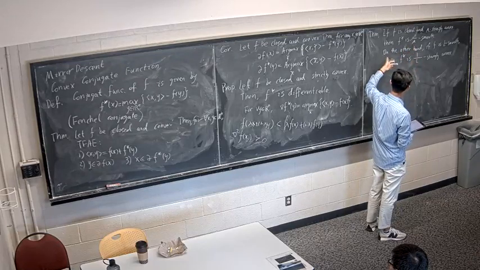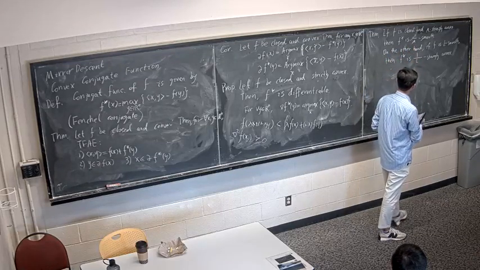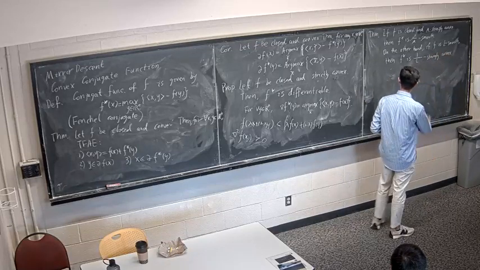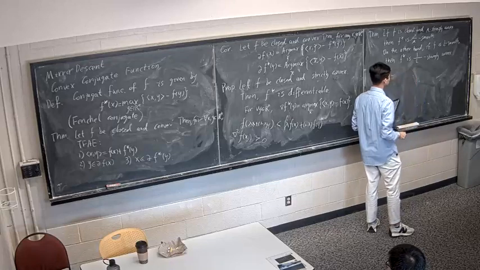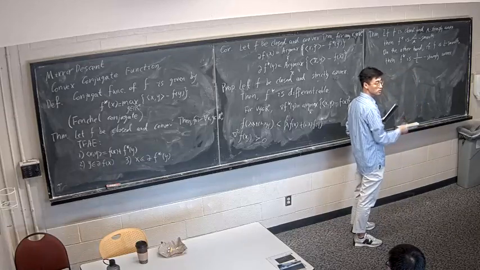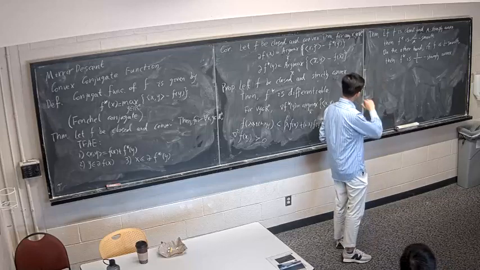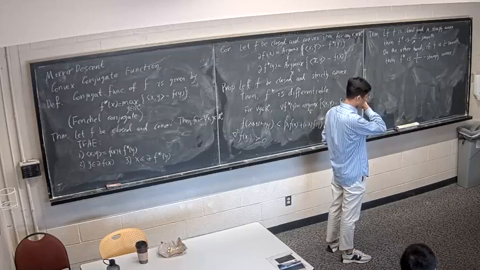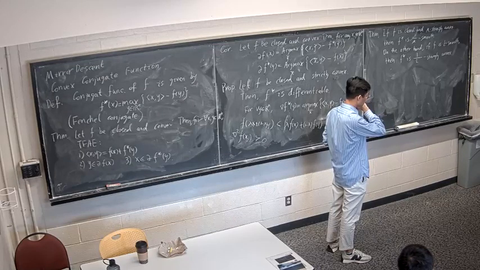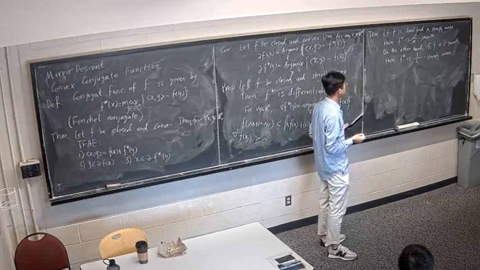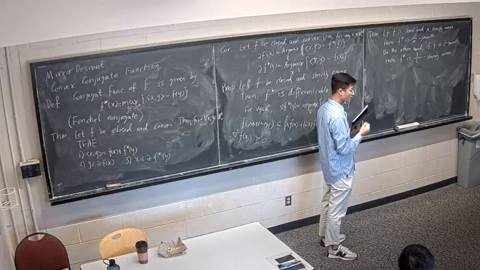On the other hand, you can also say from the other direction, if the function f is L-smooth, then the conjugate function is 1 over L strongly convex. So these two are more or less dual to each other. This notion will be very useful, for example, when we do the smoothing technique. Suppose you have a function that is non-smooth.